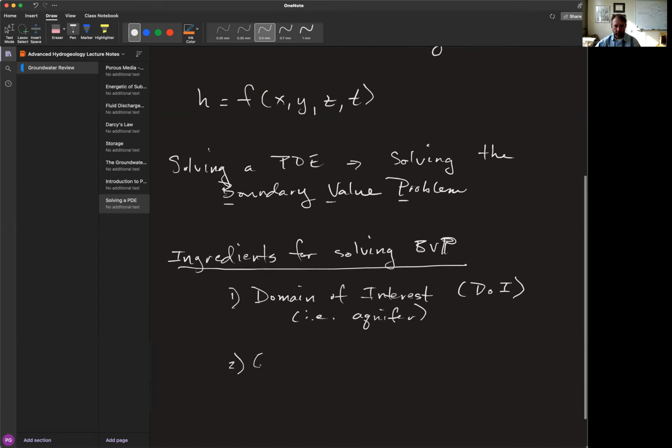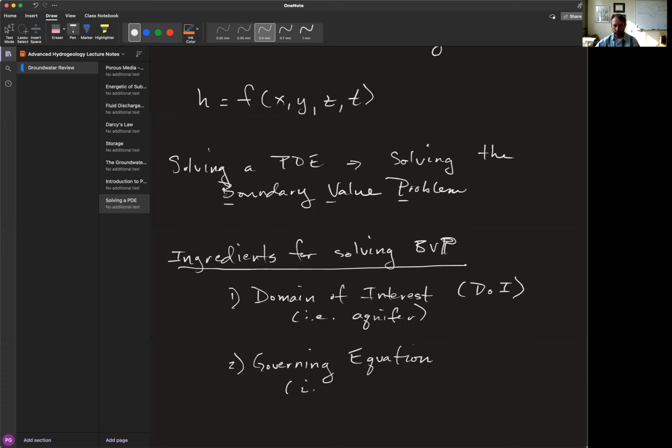We need our governing equation. What PDE encompasses the correct physical processes adequate for us to simulate our system in order to solve our problem?